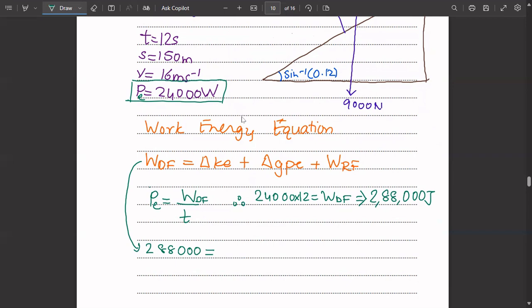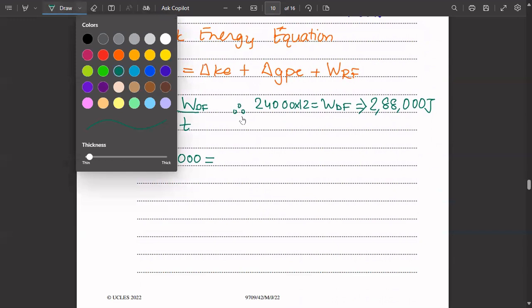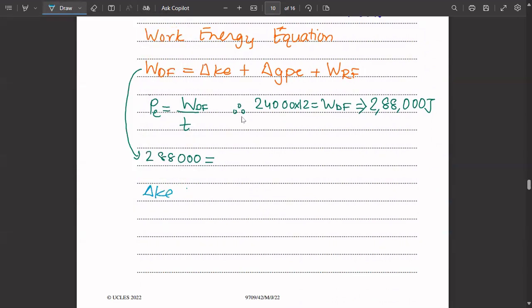So now we know the work done by driving force, that is 2,88,000 joule, is equal to delta KE. KE is the change in kinetic energy. So how will we find delta KE now? Delta KE is nothing but final KE minus initial KE. And what is the formula for KE? Kinetic energy is half mv square. So the change in kinetic energy is half into mass.